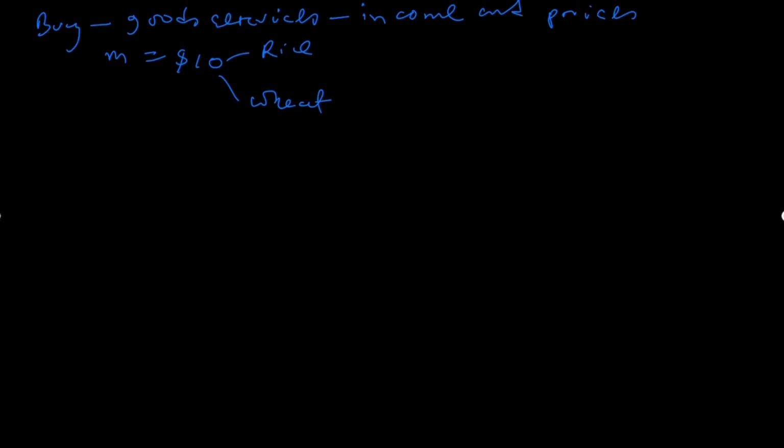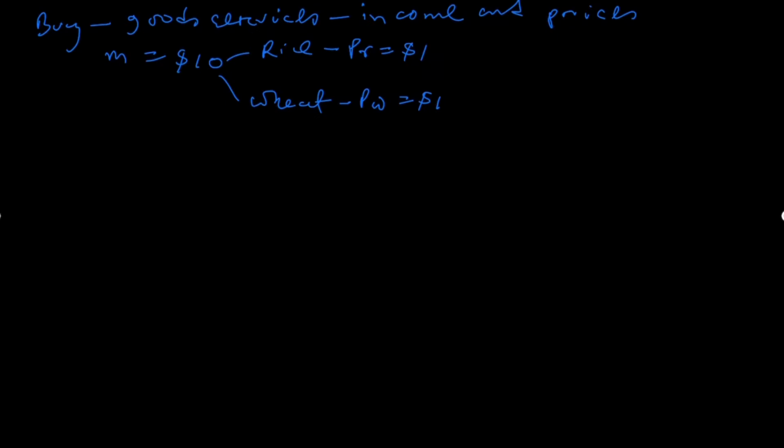For simplicity, I assume that the prices of both rice and wheat per LB are $1. So the price of rice, PR, is $1, and similarly the price of wheat, PW, is also $1.